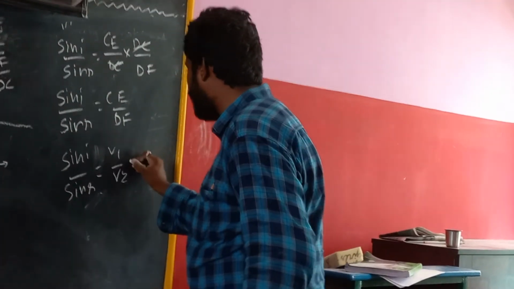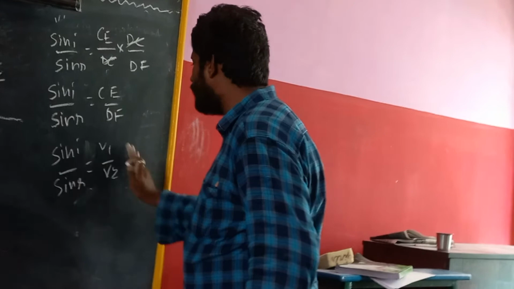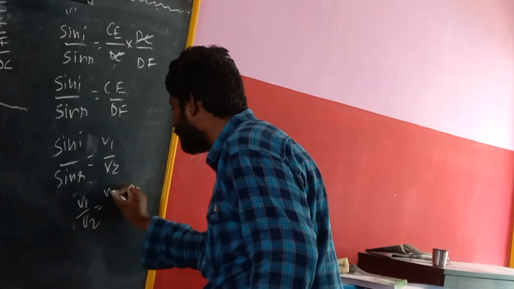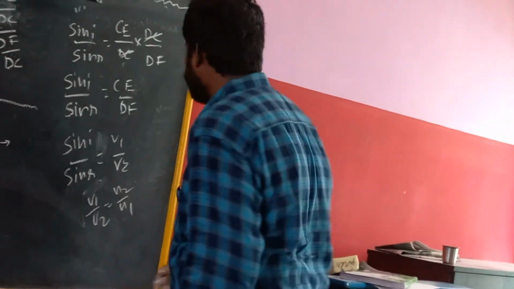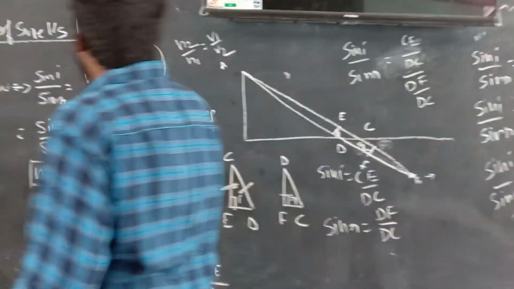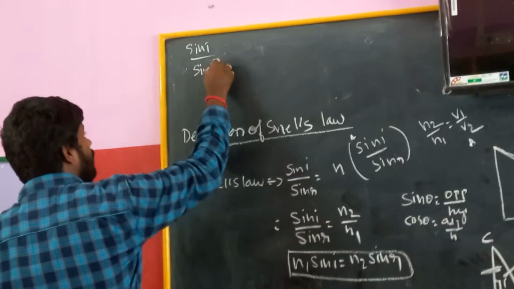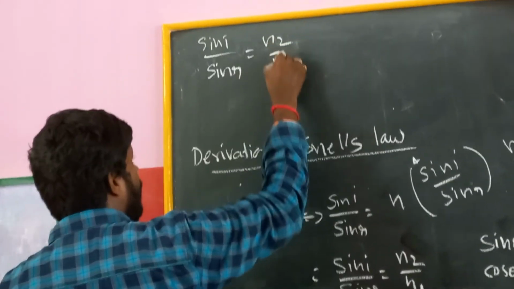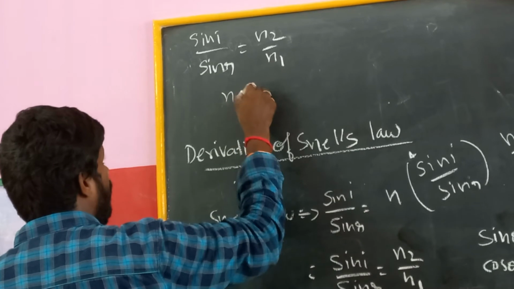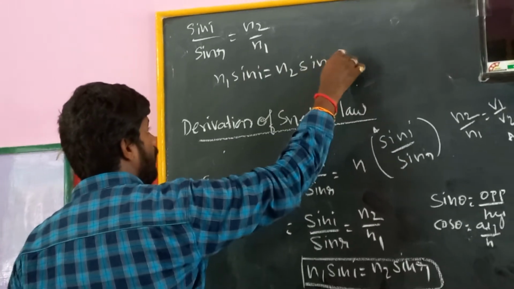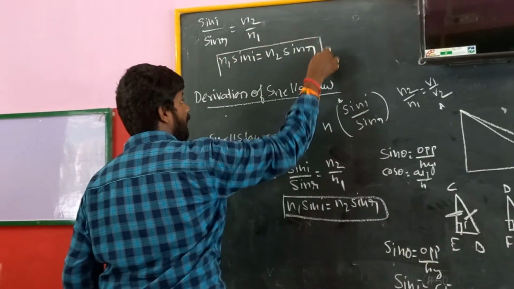By replacing the values, instead of V1 by V2, replace with N2 by N1. Sin I by sin R is equal to N2 by N1. N1 sin I is equal to N2 sin R. Hence, Snell's law is derived.